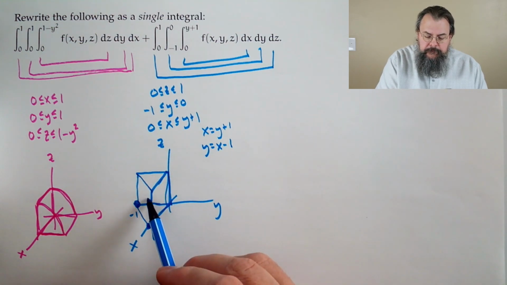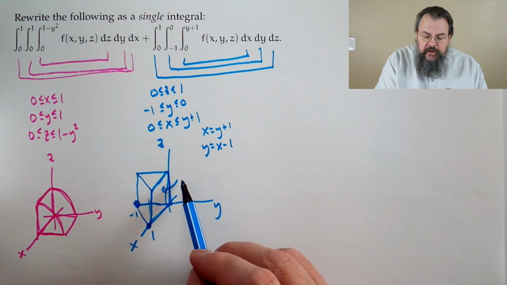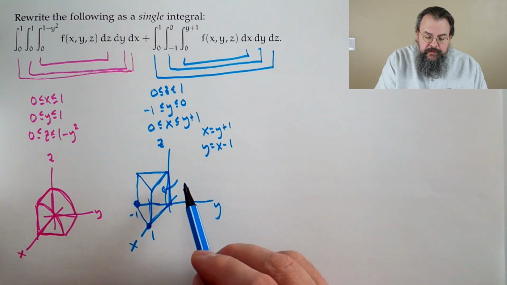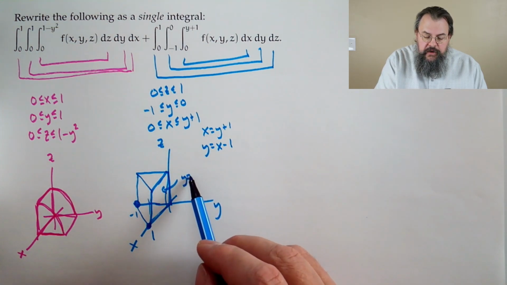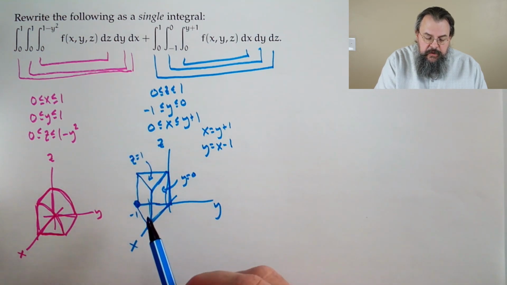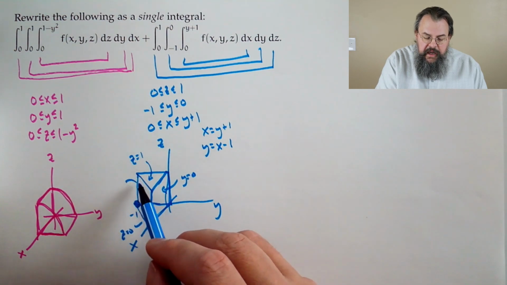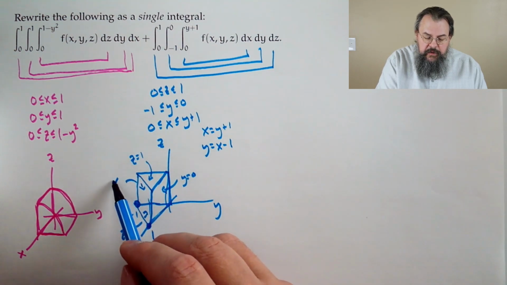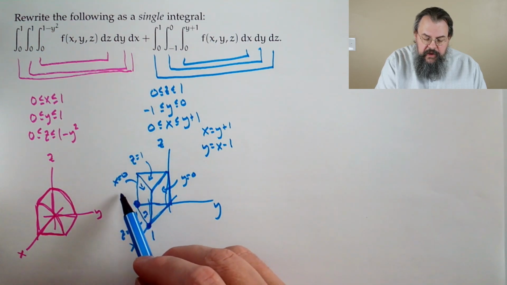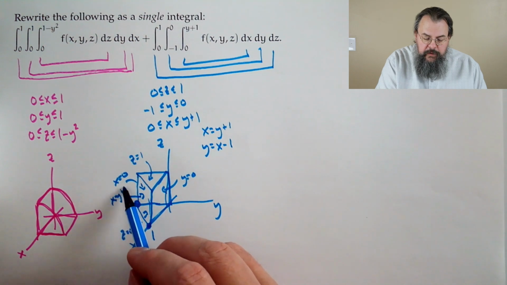So this face here corresponds to y equals 0, and the top face is, of course, z equals 1. This bottom is z equals 0. This back face is x equals 0, and this slanted face is x equals y plus 1.